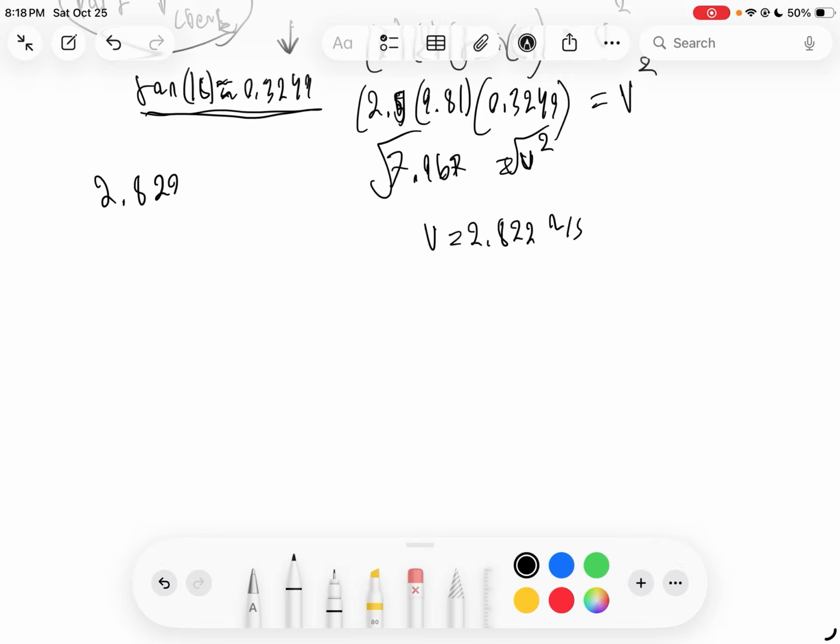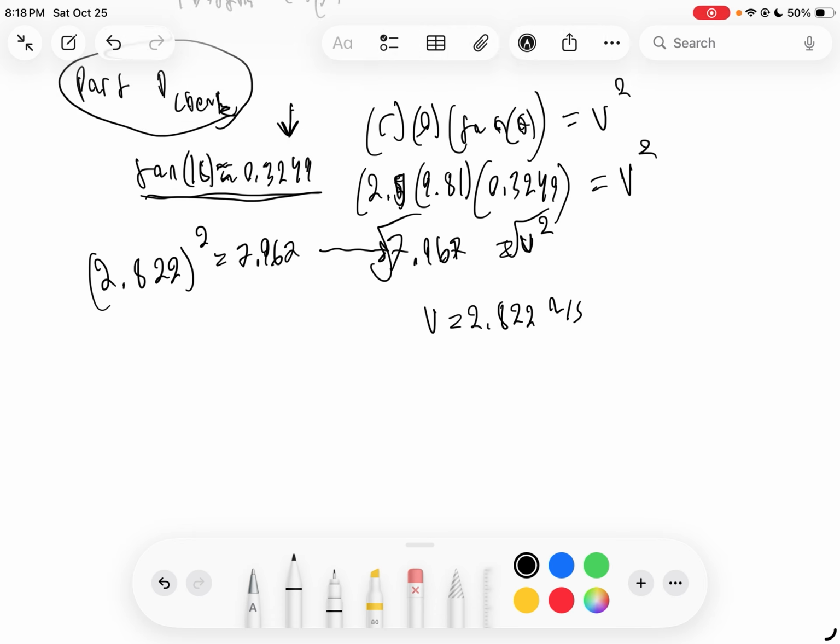Or from here, we just do everything in reverse. So we take the value, square it, and we'll end up getting 7.967, which should be the same value you found over here. From there, just simply take this number divided by the radius times gravity, which should roughly give you the value of tangent, which was tangent of 18 degrees.